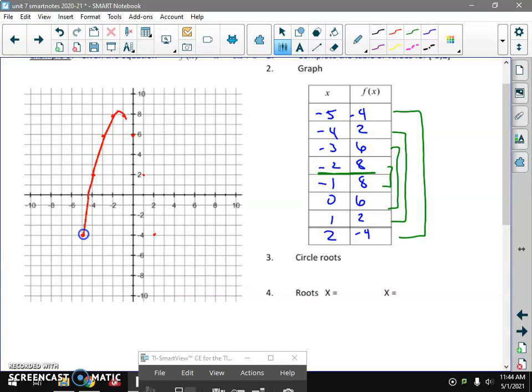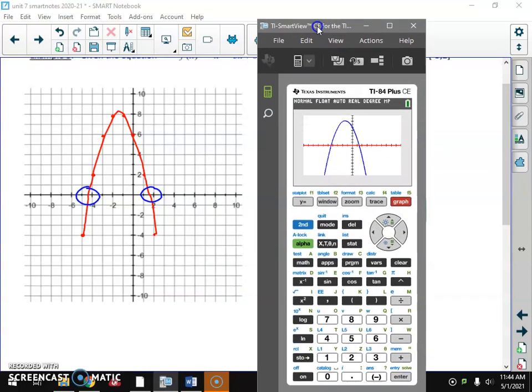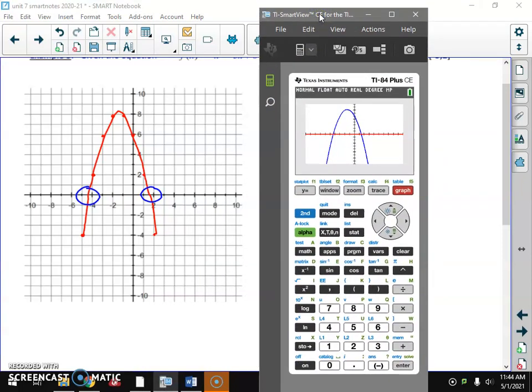Remember, it goes up a little and then back down. There's our U. And where are the roots? Roots are where it crosses the x-axis. I'm going to circle those and not put an X, just because you can see it's not at the tick marks. It's not whole numbers. It's somewhere around -4 and 2, but it's not exact. We're going to use our calculator to find it exactly.